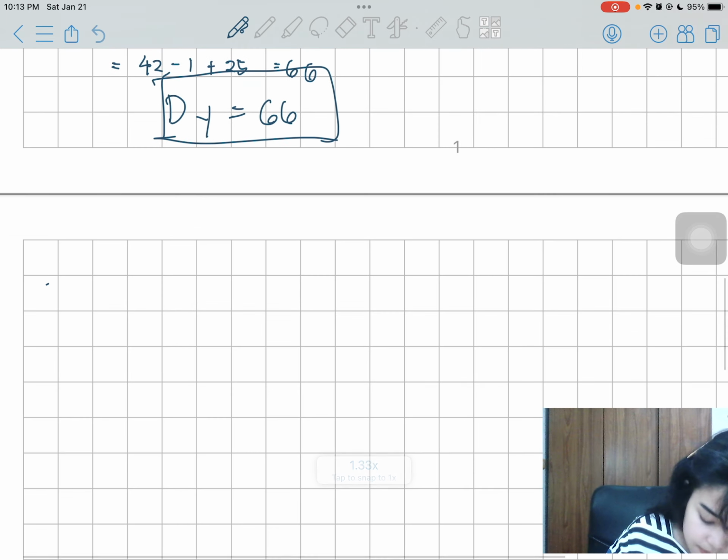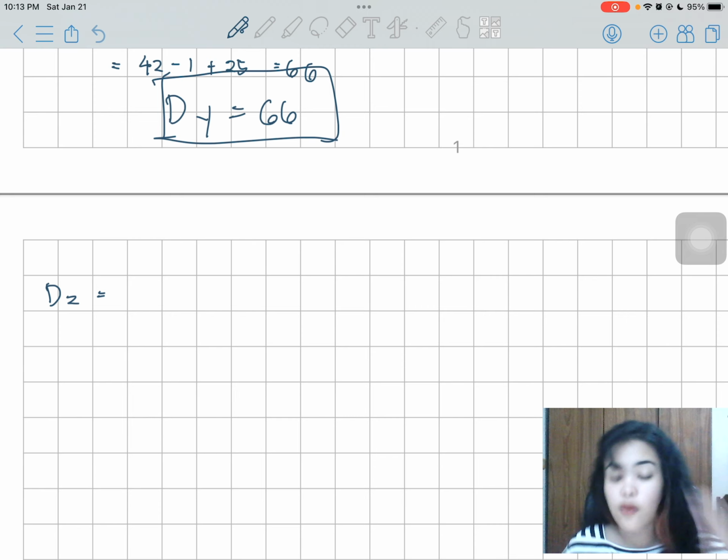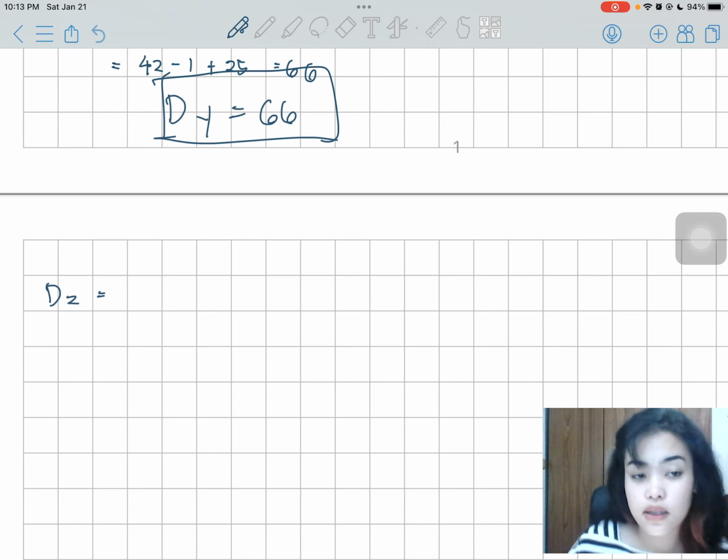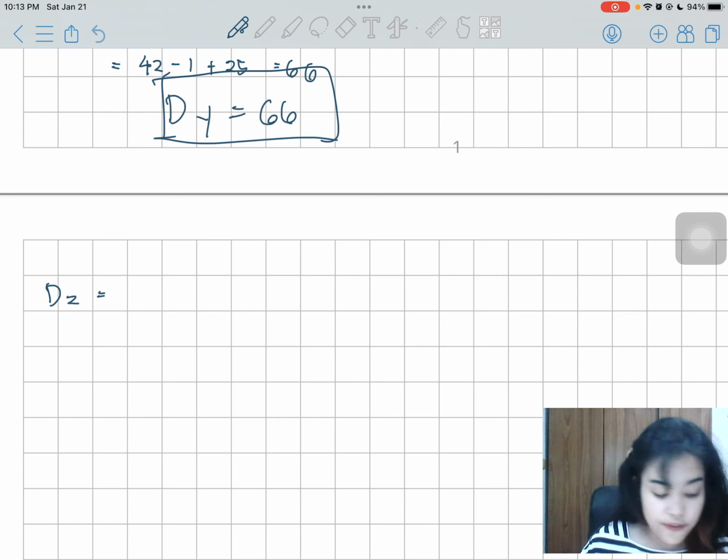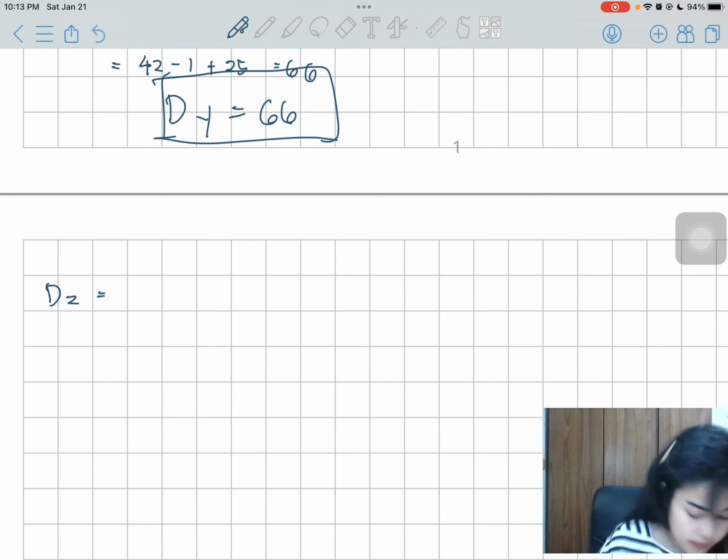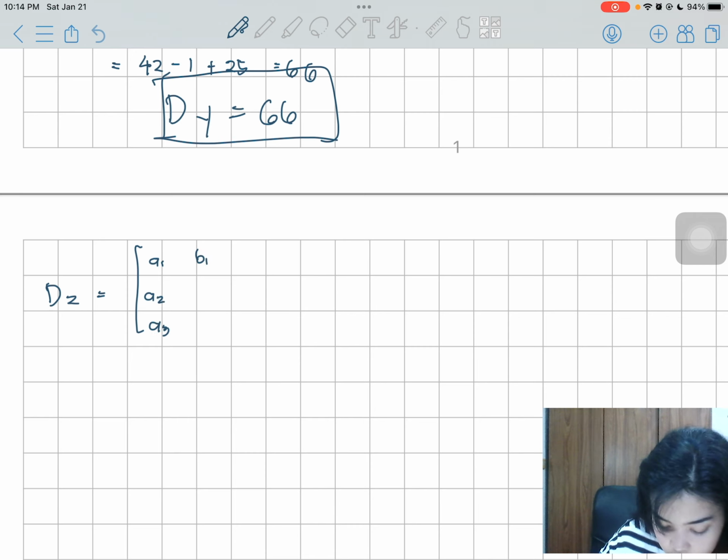And then for Dz, just like a while ago, d1, d2, and d3 will replace the coefficients of z since we are looking for Dz. So A1, A2, A3, B1, B2, B3, D1, D2, and D3.